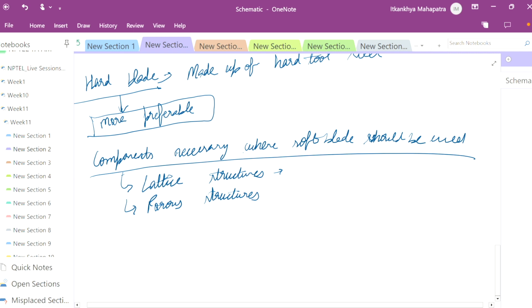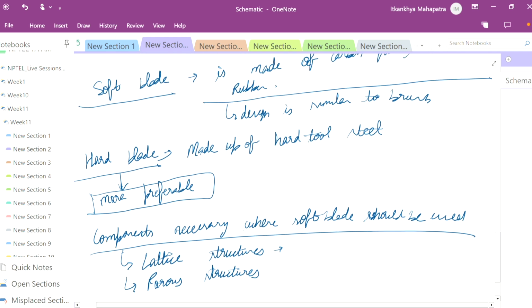So in these cases we have to use a soft blade as these are very fragile, so that when those blades strike the component, it will not break. But if the hard blade is used, it will break the whole component.